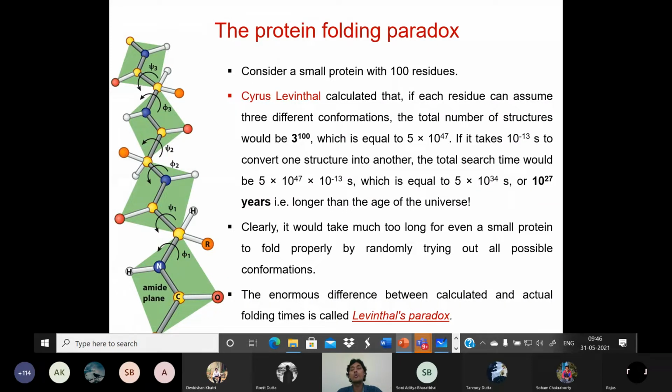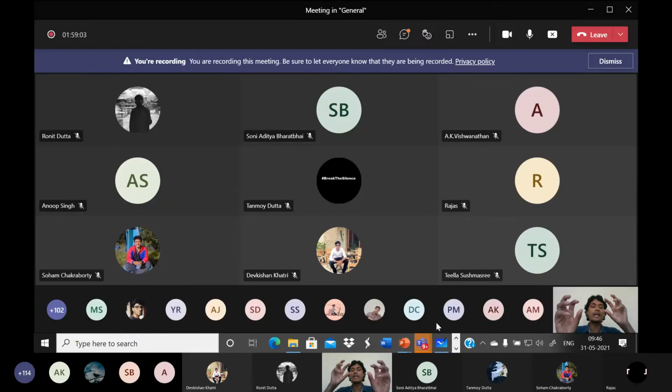But then we should know how protein folds, because it is not possible to check whether this fold is right or this fold is wrong. The current understanding is the thermodynamic principle of protein folding. Another scientist got the Nobel Prize in 1967, most likely, Christopher Anfinsen.